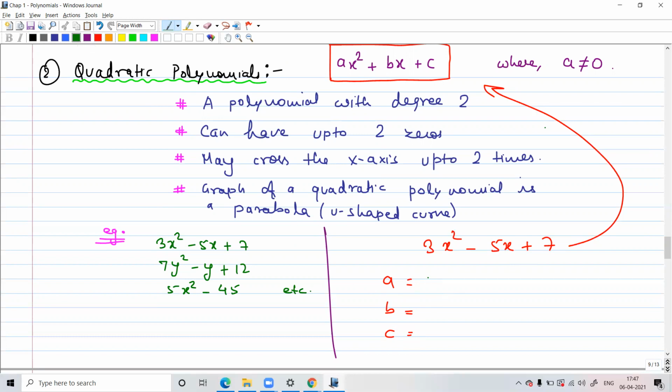A is the coefficient of x square, and this value is equal to 3 only, okay? B is the coefficient of x. So what is the B value? Tell me.